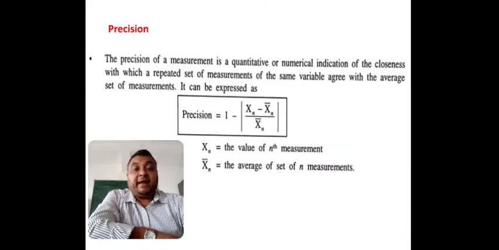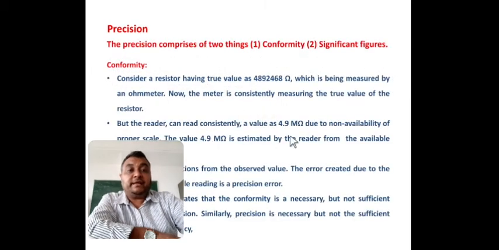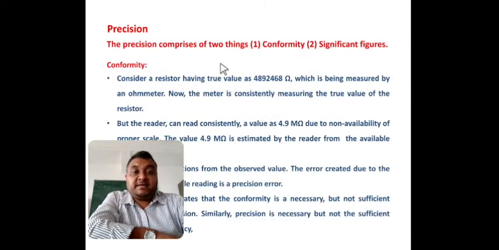After getting an idea of how to measure precision, we will see some of its characteristics and definitions. Precision comprises two things: conformity and significant figures.